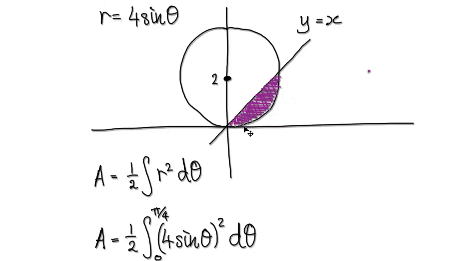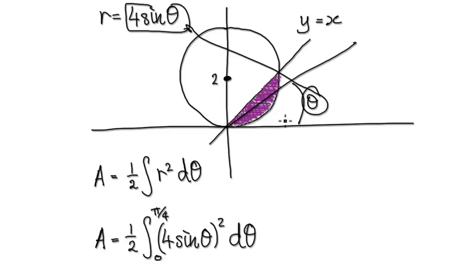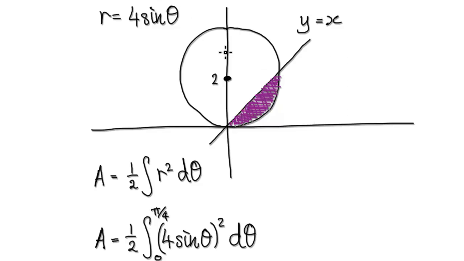So when the angle is this much, then when you put this angle into here, the whole thing will be the radius, this radius here. So the equation of the circle in polar form is given by this.